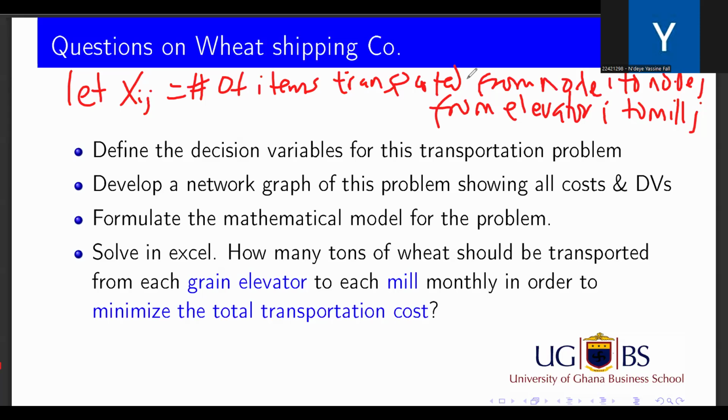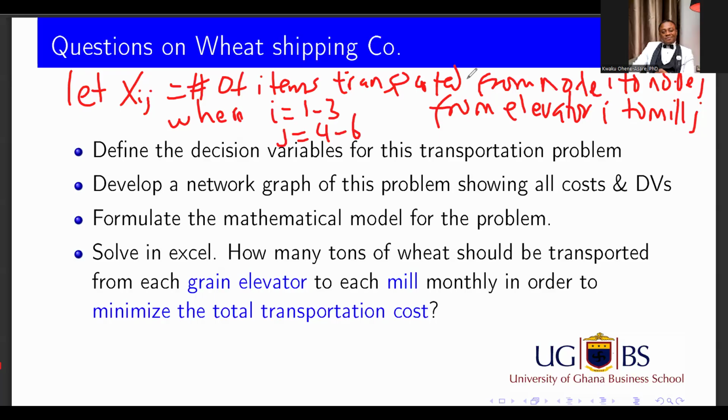After you are done, you will now say that where I is equal to 1 to 3 and J is equal to 4 to 6. You see, the J here represents the other 3 cities where the items are going to, whereas the I represents the first ones. Once you say this, it will capture everything. You don't need to say it for each one again.